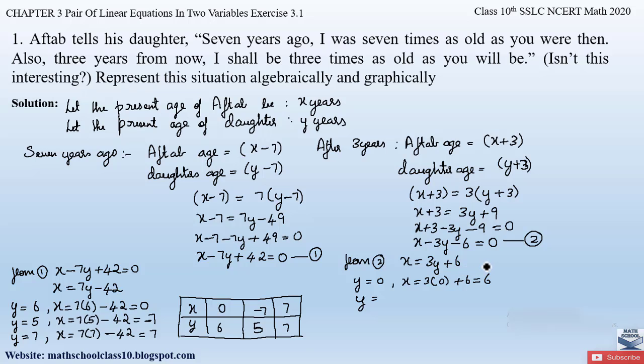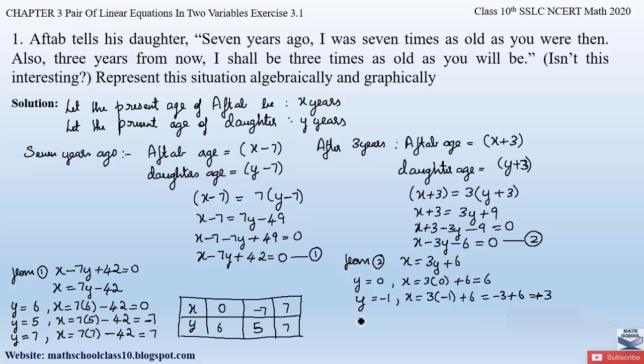Again that will be a big value. So let us take y equal to minus 1. If you take y equal to minus 1, you will get 3 into minus 1 plus 6. So 3 into minus 1 will be minus 3 plus 6. So minus 3 and plus 6, we subtract 3 from 6 to get 3, and the greater number's sign will be plus here since 6 is the greater number.